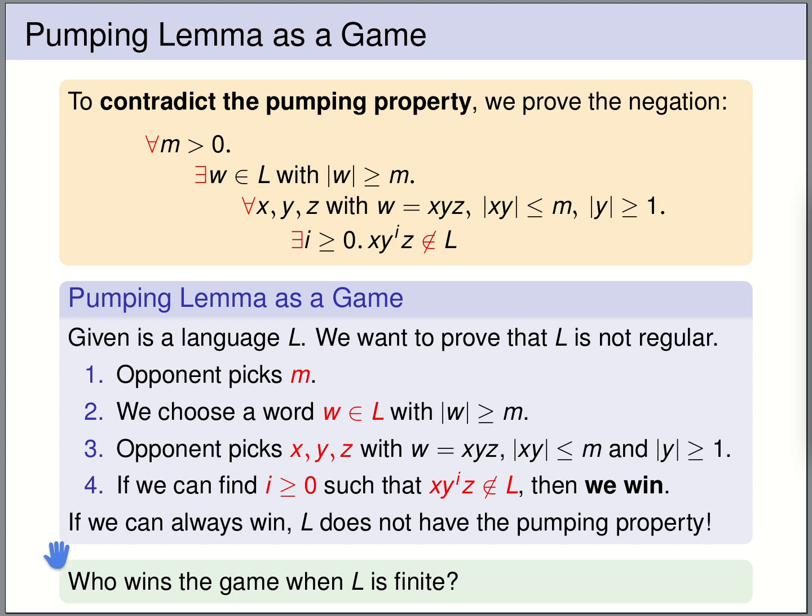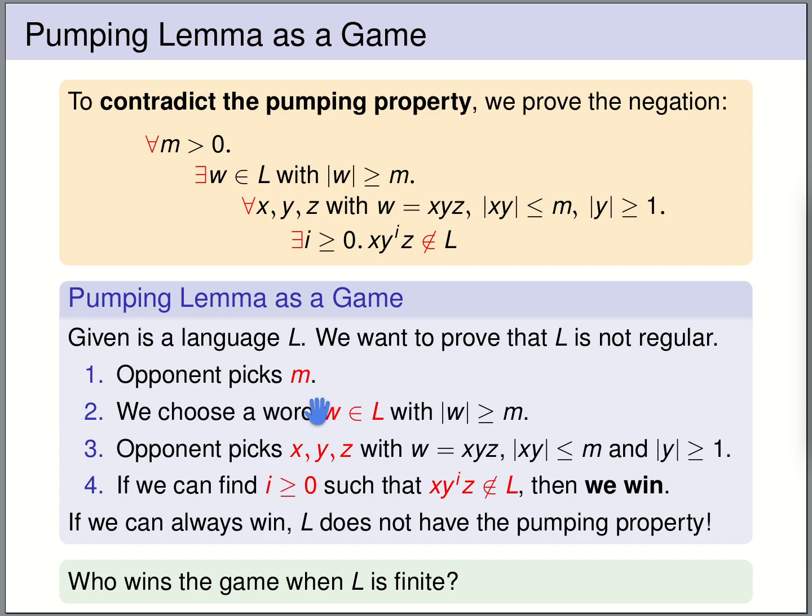So maybe one question as an exercise: who wins this game if the language L is finite? If the language L is finite, then always the opponent wins the game. And the move is very easy. The opponent can just pick an m that is longer than the longest word in L. So m is a number that is bigger than the length of the longest word in L. And then we are stuck at point 2.